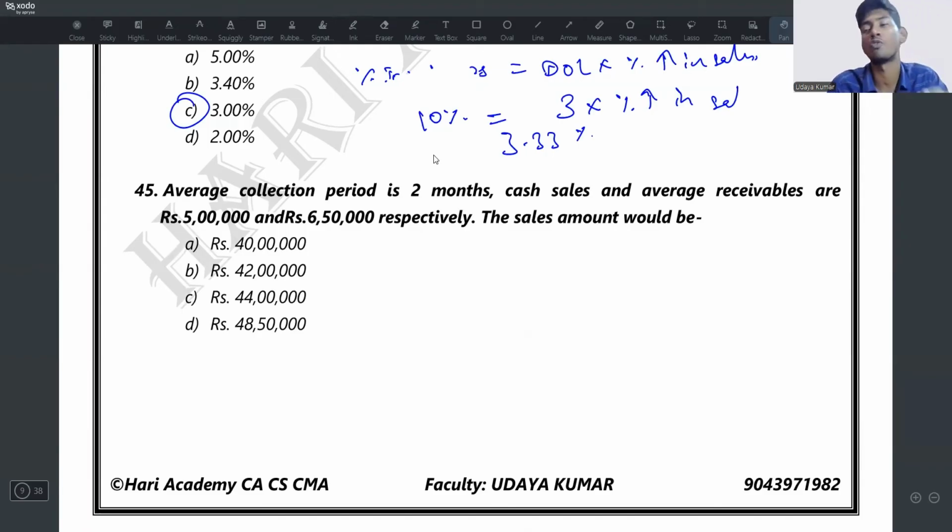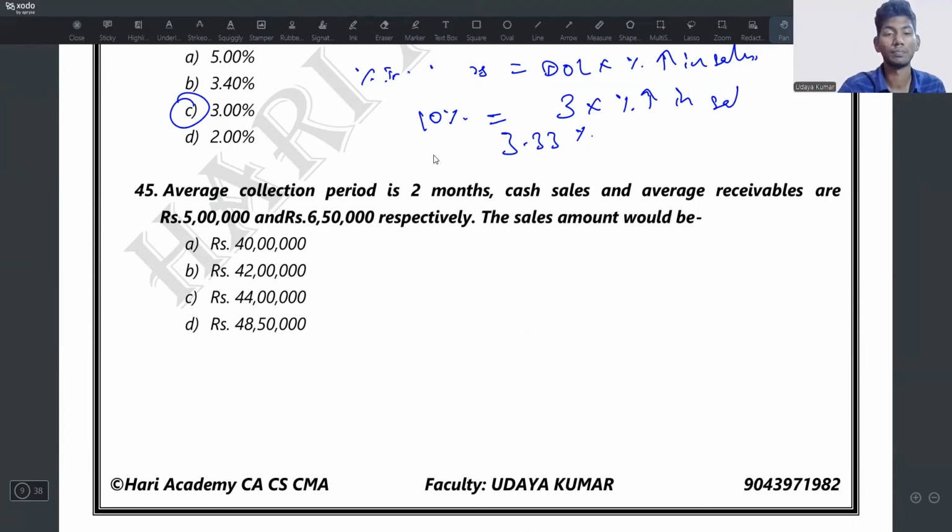Using the receivable turnover ratio formula, which is sales divided by average receivables, it is 12 divided by the average collection period. So 12 divided by 2, which is 6. Then 6 into 6 lakh 50,000, receivable turnover ratio into average receivables, is 39 lakhs. 39 lakh plus 5 lakh is 44 lakhs.